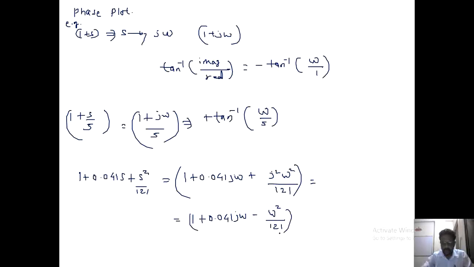Now we will apply the formula. This is a pole, that's why the formula is minus tan inverse.